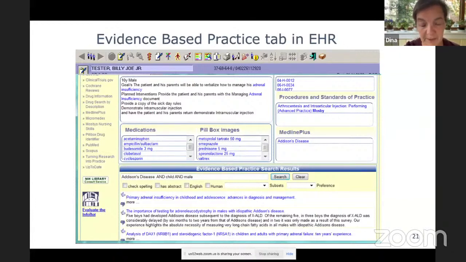And, you know, we believed that we solved the problem of bringing the evidence to the point of care. But then some years later, that application had been running at the Clinical Center for 10 years, and it was a very stable use. It was not going up and it was not going down. And when we asked why it's not being used more often, the answer was that it turns out looking at these individual answers and figuring out how to combine them still takes too much time at the point of service, and the clinicians just don't have that time.